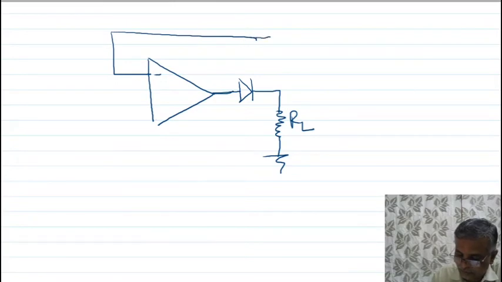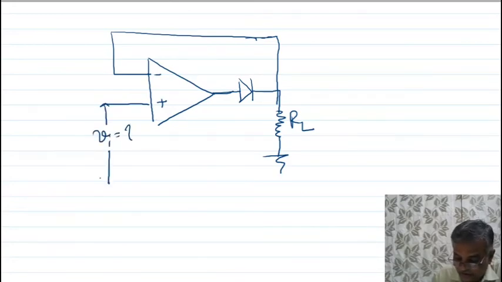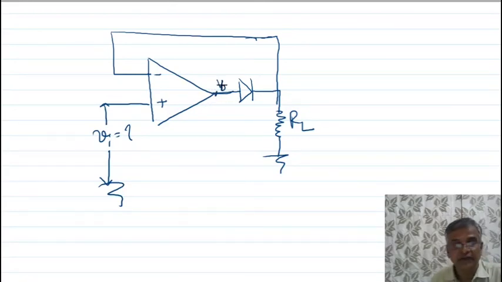Now look here, I have to calculate how much value of this voltage VI I should give, so that this voltage VO becomes of the order of 0.6 volt. As a result, the diode will conduct.